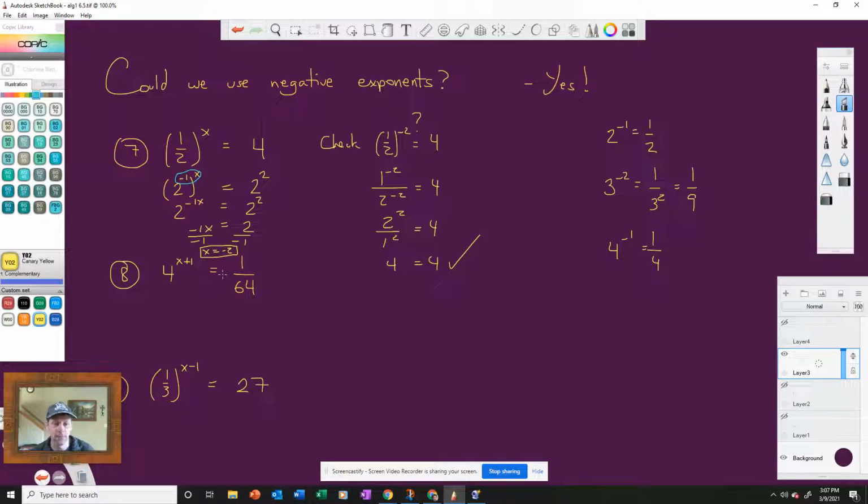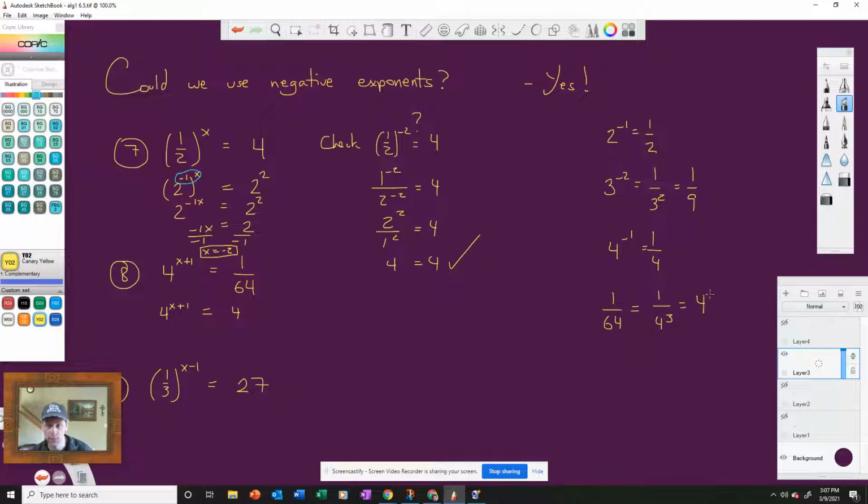Okay, let's try another one. Let's try this guy right over here. So could I rewrite 1/64 with a base 4? I'm going to leave this one alone. That's just 4 to the x plus 1 equals 4 to the what? What is 1/64? So let me go through this slowly. 1/64 equals 1 over 4 to the third, right?